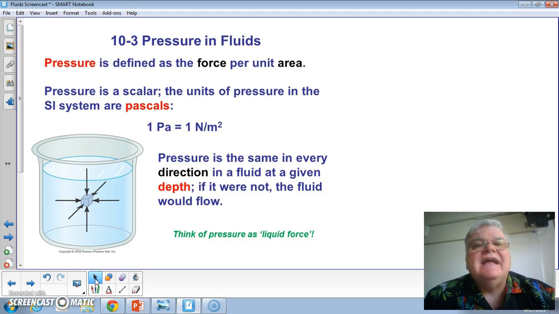Units are pascals. 1 pascal is 1 newton per square meter. Pressure is the same in every direction in a fluid at any given depth. If it were not, the fluid would flow. Think of pressure as kind of a liquid force. It's got to be the same anywhere. If it's lower in one place, the fluid is going to move towards that lower place until everything's equal.